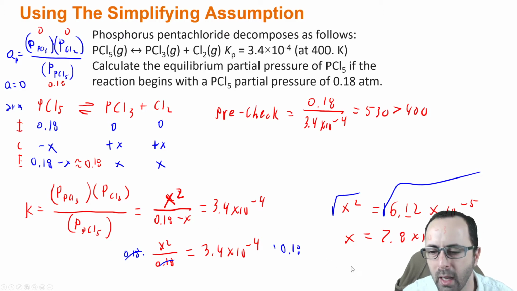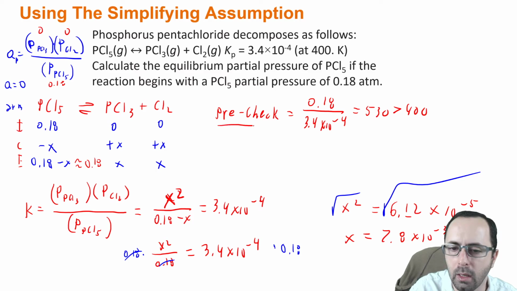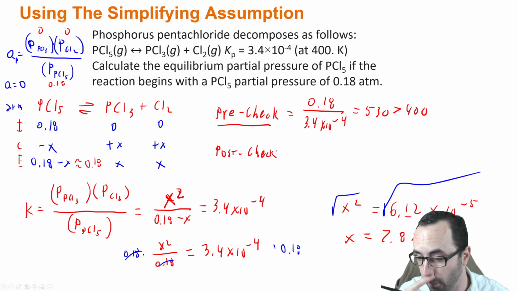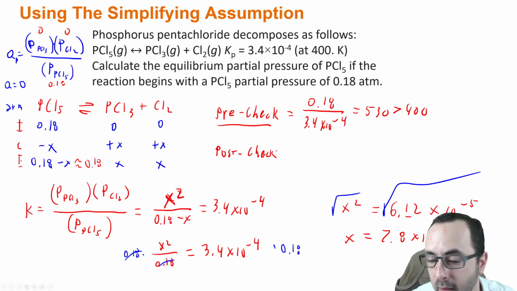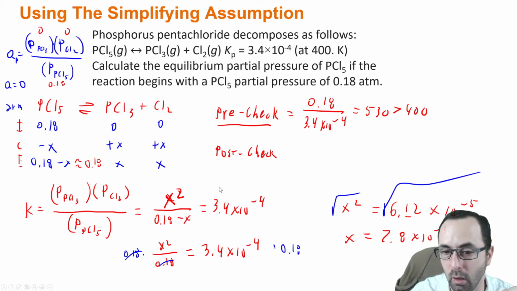But what we should do now is a post check. We did the pre-check, now we're going to do the post check. In the post check, we check how big x is compared to the initial concentration. It needs to be less than 5% of the initial concentration.